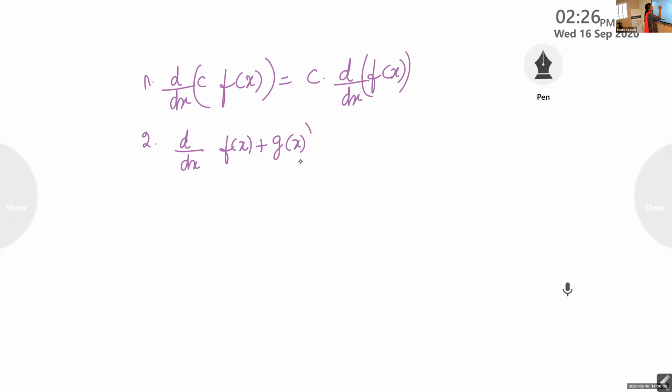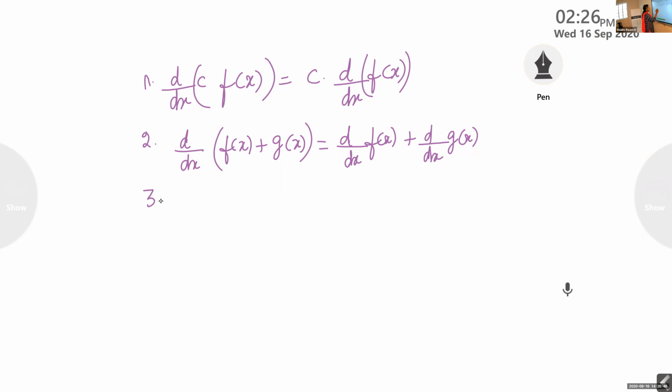Suppose we have two functions, then this is the same as d by dx of f of x plus d by dx of g of x.